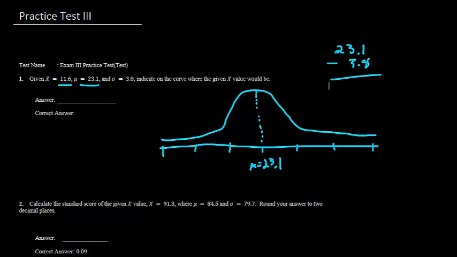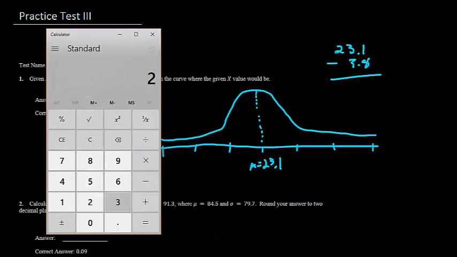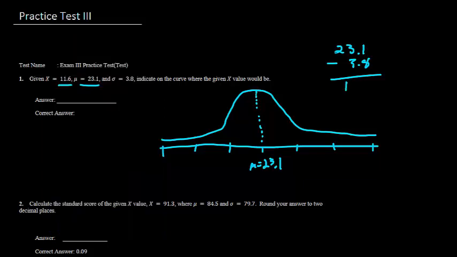Where's my calculator? There's my calculator. So 23.1 minus 3.8 is equal to 19.3. That's the first sigma on the left, 19.3. The second sigma is going to be minus 3.8 again, which is 15.5. So this guy is 19.3.